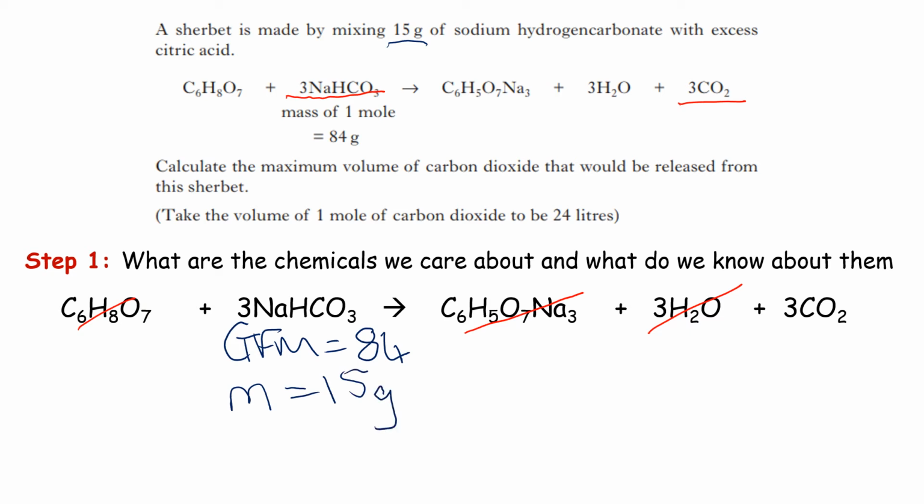For our CO2, we want to work out the volume, and it's carbon dioxide, so it's a gas. So what we know is just the molar volume, which is 24. Okay, so from that, we can now move on to step 2.